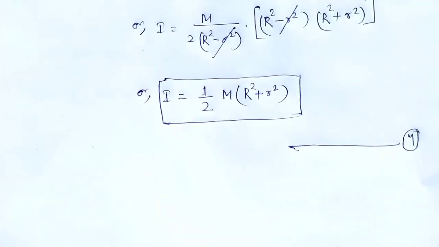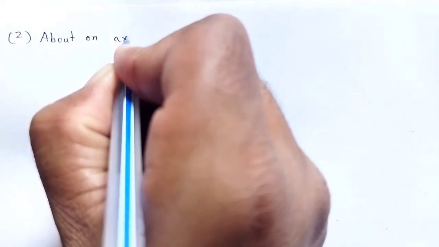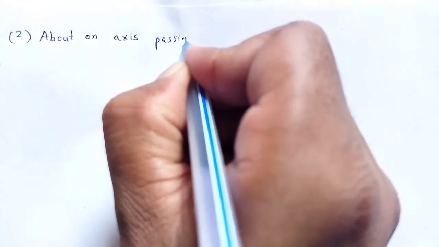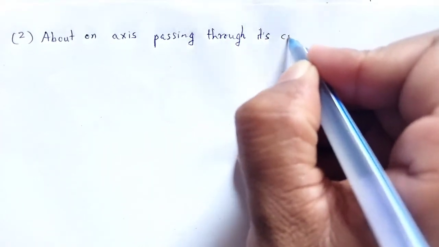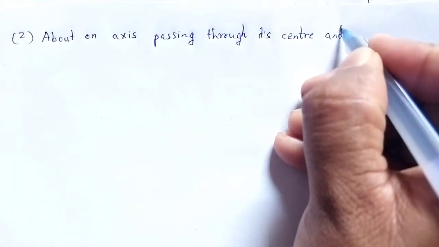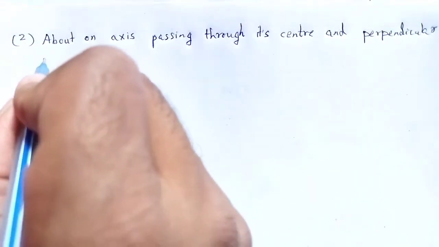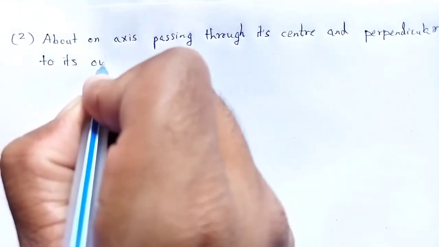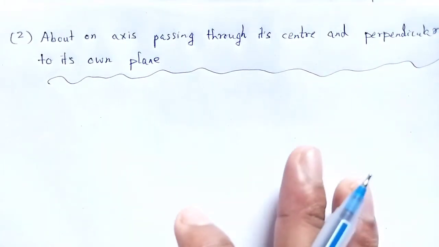Again, we derive the moment of inertia of the hollow cylinder about an axis passing through its center and perpendicular to its own plane, of the hollow cylinder.